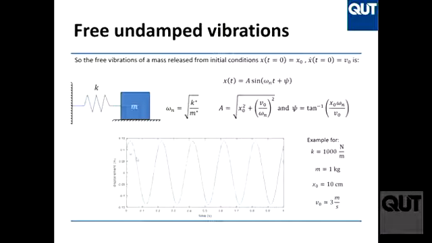What happens is I have a sine wave whose amplitude A is about 0.12 meters. I get it by putting this number in here, this number in here, and omega n in here. The frequency is related to how much time it takes to go from here back to here. That frequency is obtained by the square root of k over m.